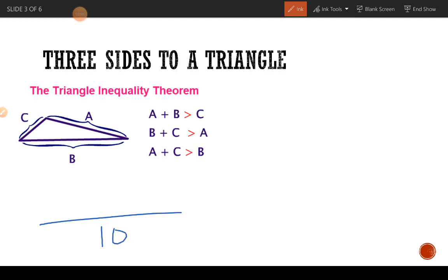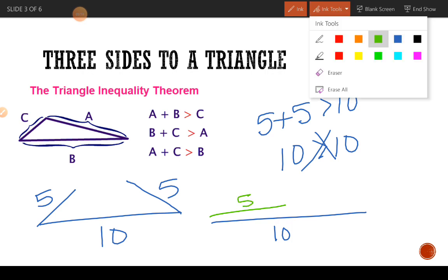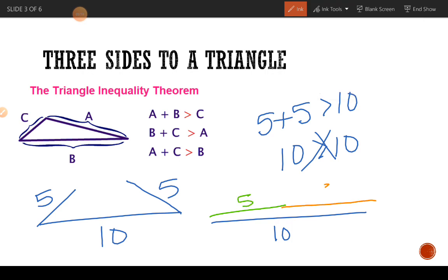The same thing goes if they're equal. If we have a side length of 10, one is 5, and the other is 5, what happens if we have 5 plus 5 greater than 10? Well, 10 is not greater than 10. So this also is not going to be a triangle, because with a side of 10, one side of 5, and the other side of 5, we don't have a triangle.